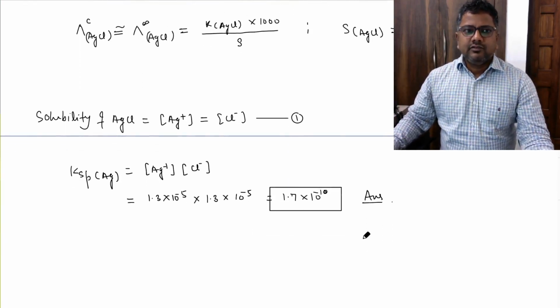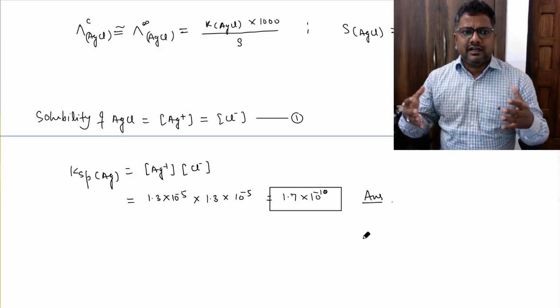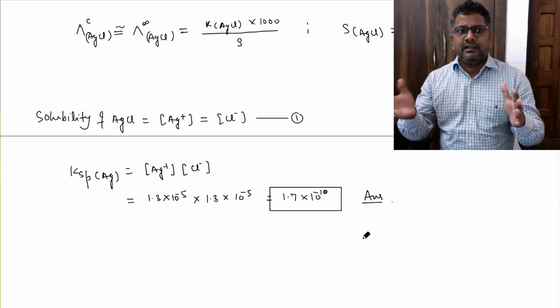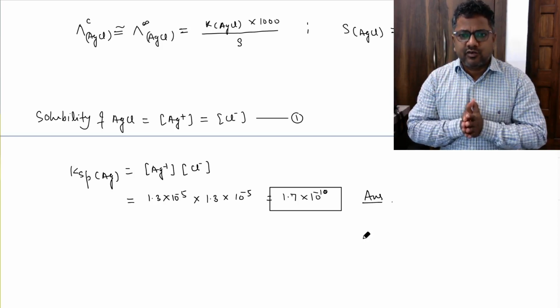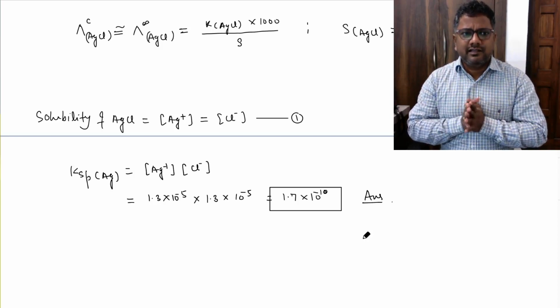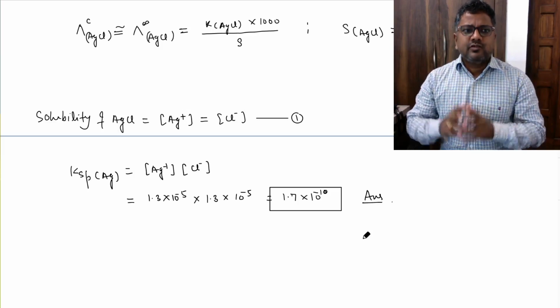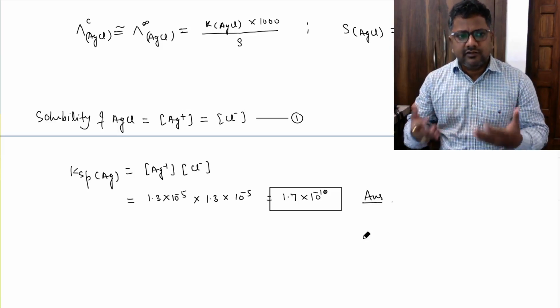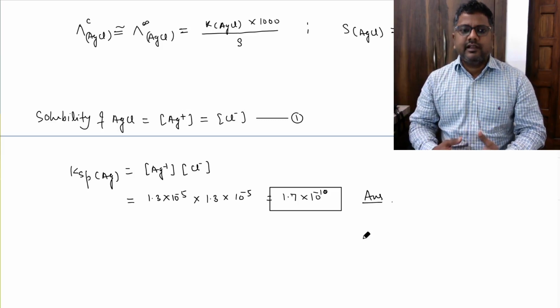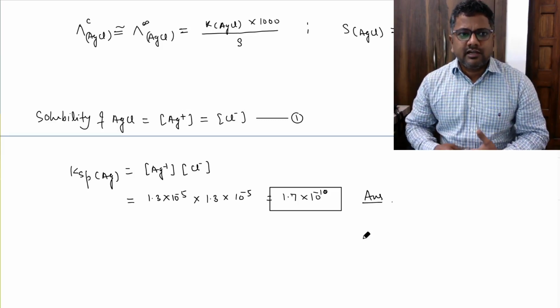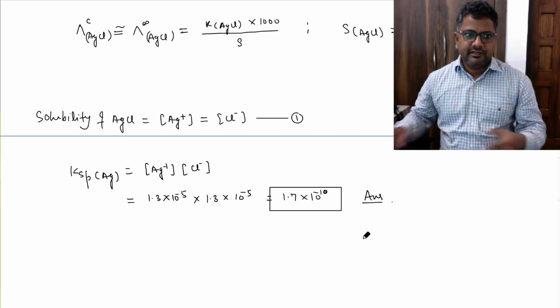And there are some other relations, like the relation between ionic mobility and molar conductance, and what is transport number. Although these are not directly mentioned in your syllabus, I am giving you some formulas, so if somebody asks, you can answer those questions as well. After that, we will see some conductometric titration graphs.